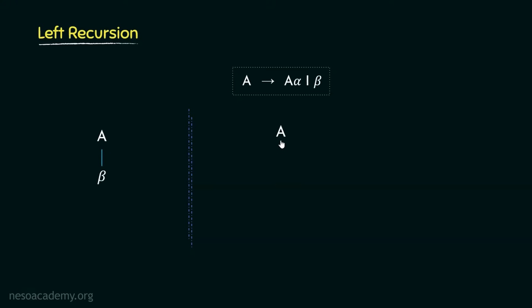So from A, we will derive A and alpha. Now our intention is to generate the string with two terminals. So from this A, we will derive beta. So using these rules, the smallest string or the string containing only one terminal is beta, and the string containing two terminal symbols is beta alpha. We can't derive any other one or two terminal strings other than this.